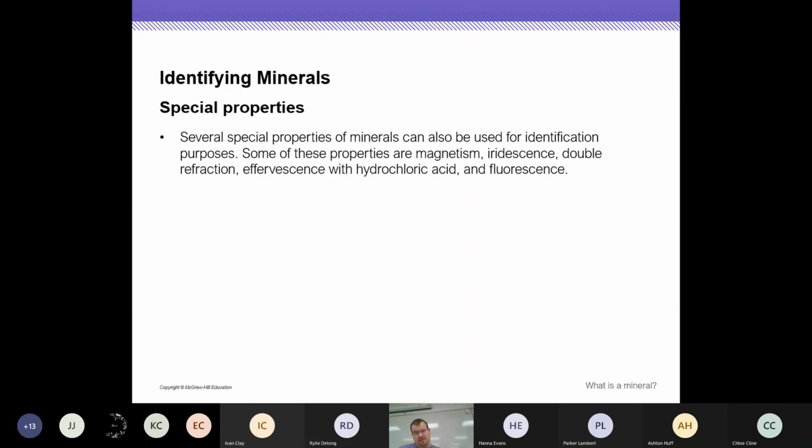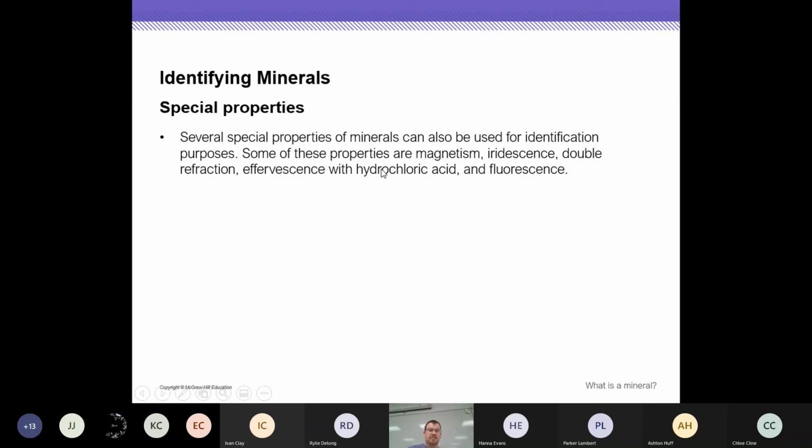Then you have special properties, and these special properties are like magnetism, iridescence, double refraction, effervescence with hydrochloric acid, and fluorescence. So the three really cool ones here that I like, first is magnetism, and it's literally like a magnet, so I can stick a magnet to it and it's attracted.